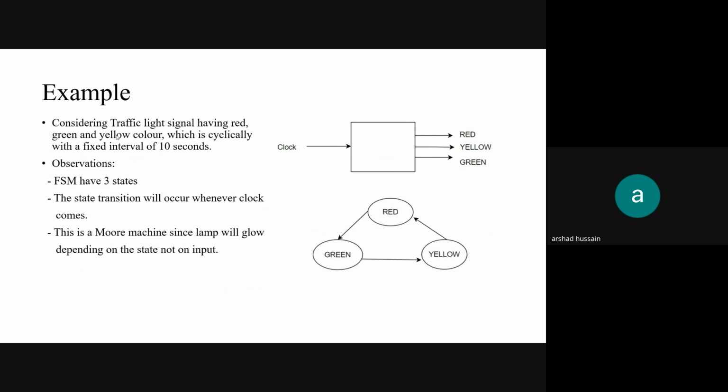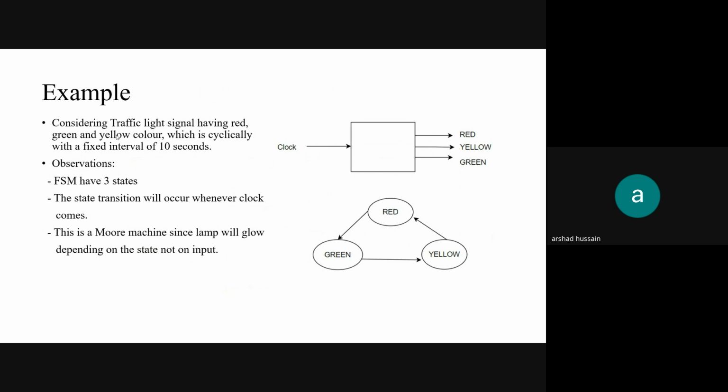We can clearly see in this FSM we have three states, as it has to remember the color of the lamp which has to glow. Red, yellow, and green are the states.